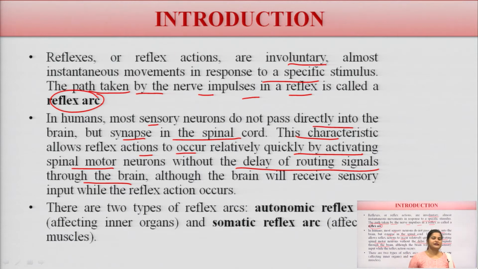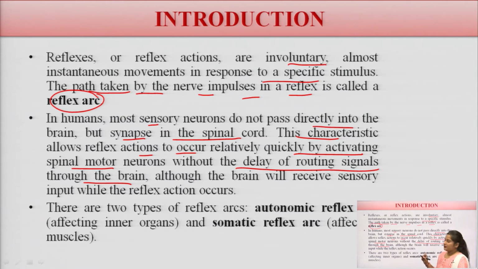Means in the reflex action, all the decisions are taken by the spinal cord itself, because there is no time to deliver the impulses to the brain, have the brain interpret them, and only then give the response. So if there is not that much time, the spinal cord just decides the action accordingly.